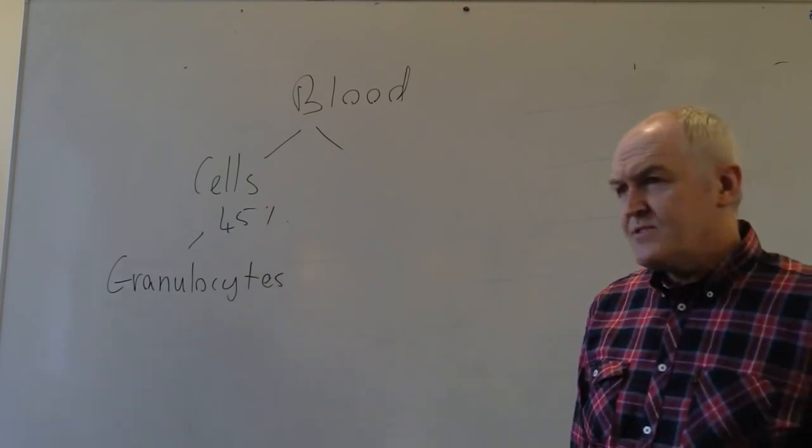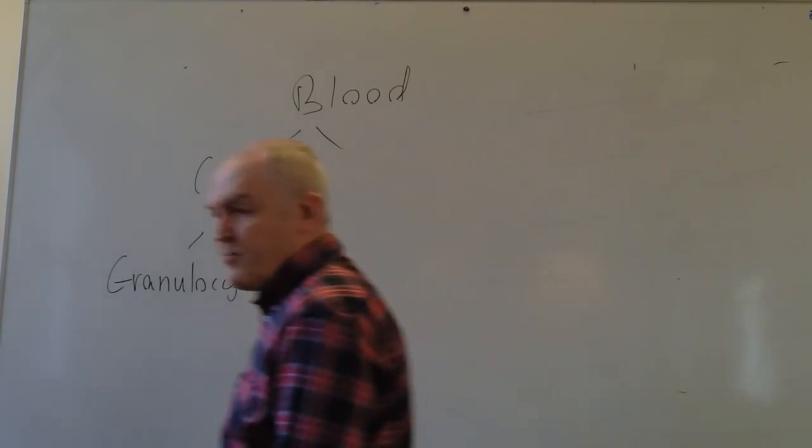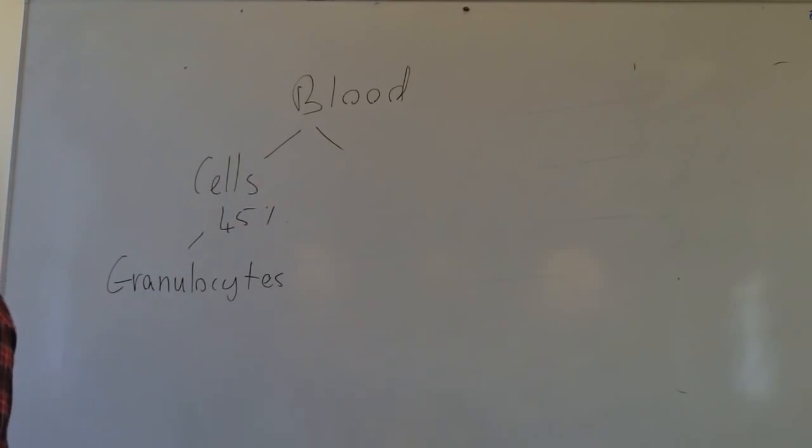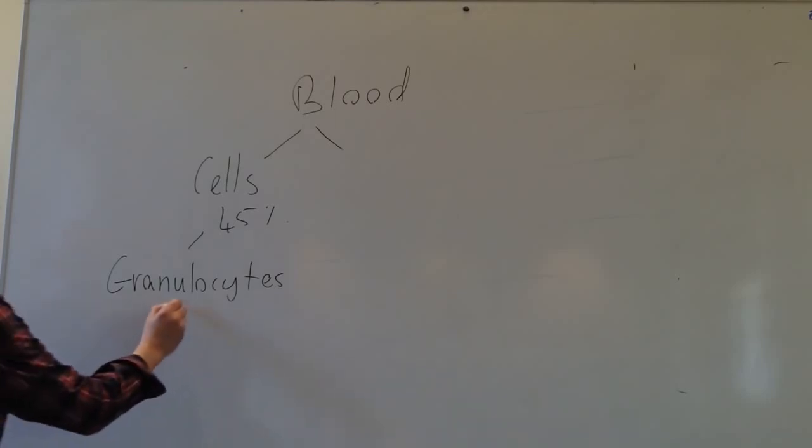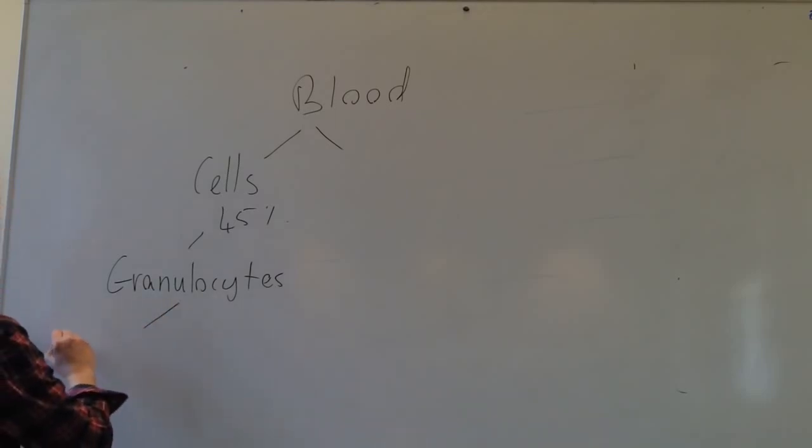So a lot of the names of the cells describe their appearance using a light microscope. And the granulocytes were so named because they had granules in their cytoplasm. So all the granulocytes appear to have granules in their cytoplasm. And the most abundant form of the granulocytes is the neutrophils.